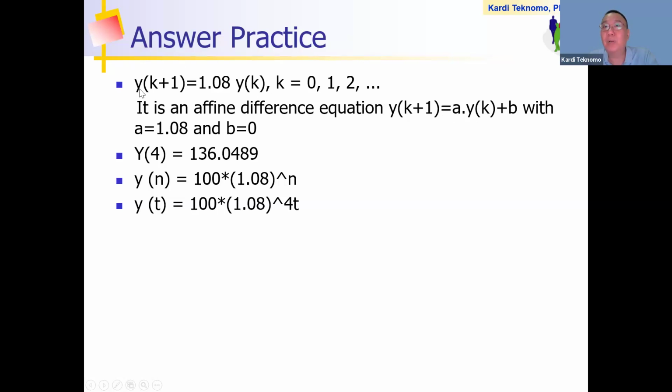If you look at this formula, you see that this is actually a finite difference equation with A equal to 1.08, which is 1 plus the interest, and B is 0. So if they ask about 1 year, that means Y4, the 100 you start with becomes 136.